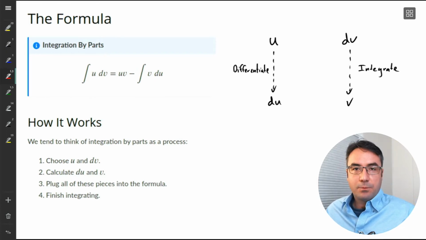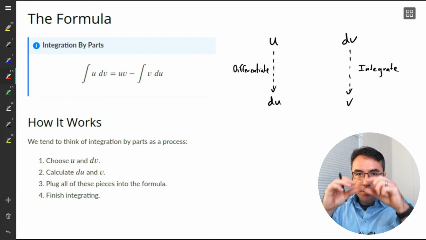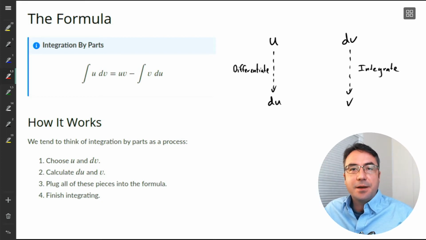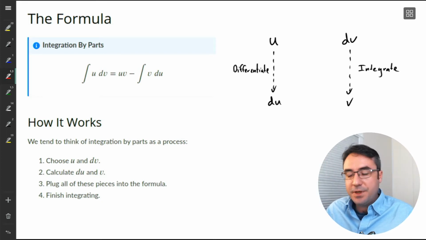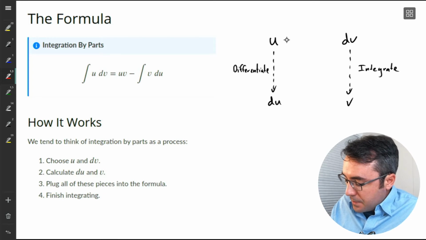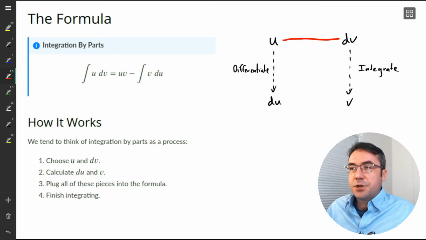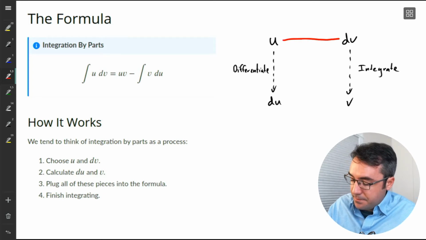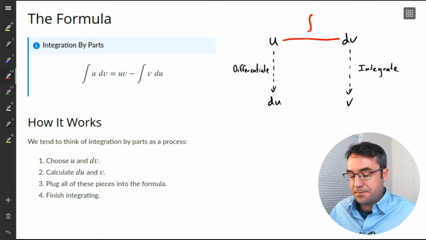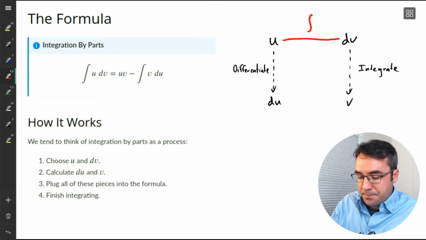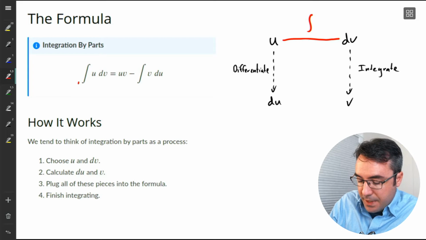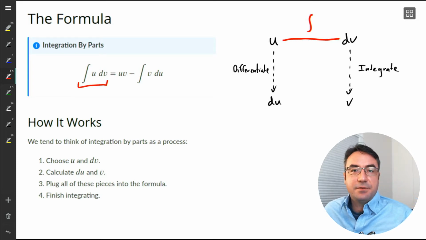A way to help remember this formula: if you use this grid setup of u, dv, and du, v, if we multiply these two terms along the top here and integrate, that's the left-hand side of this equation.